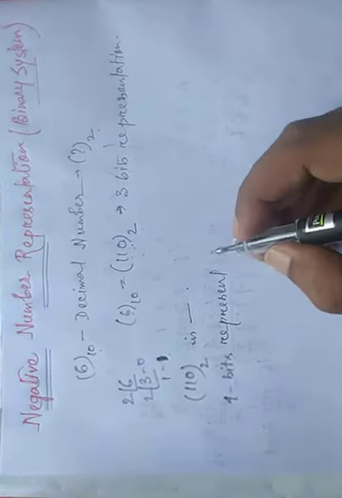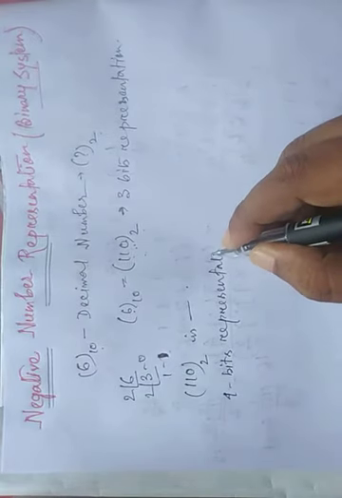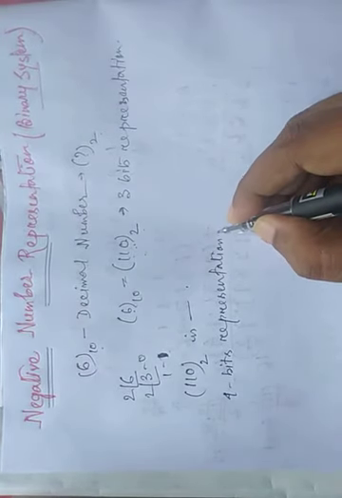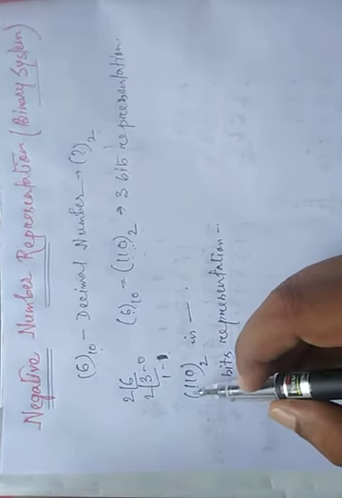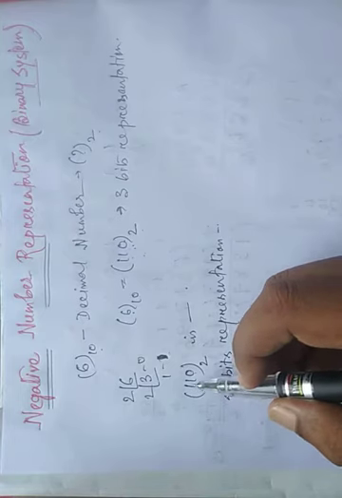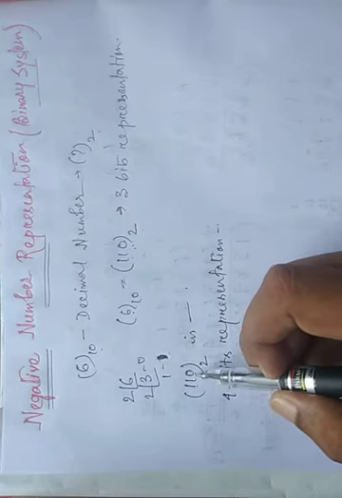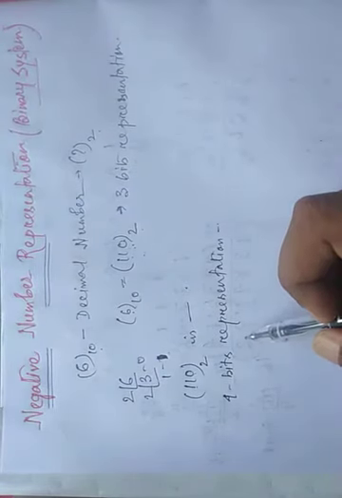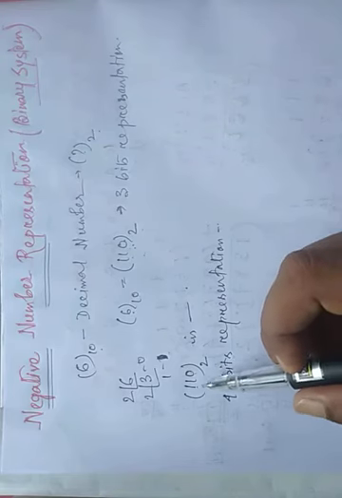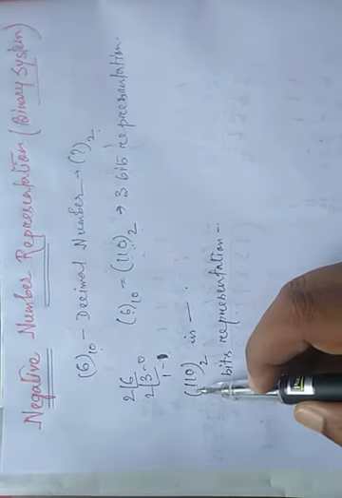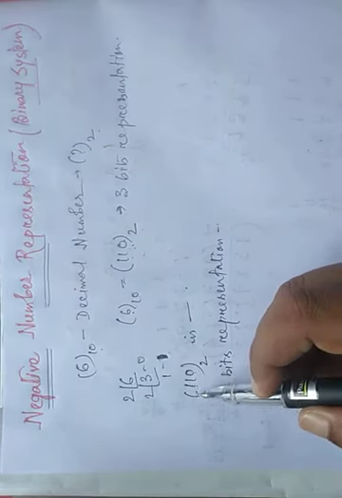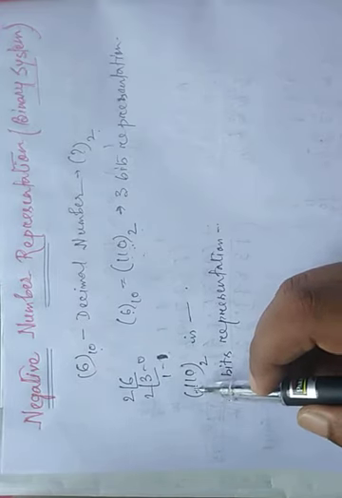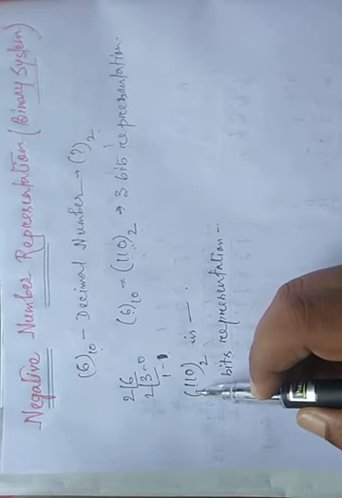If we want 4-bit representation for 110, we just have to add the extra. So we need 1 extra bit. Whenever we want to add extra bits, we have to add them on the left-hand side of the number, because a 0 on the left-hand side has no place value.